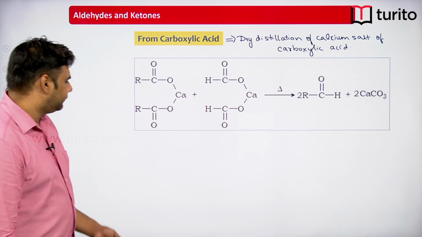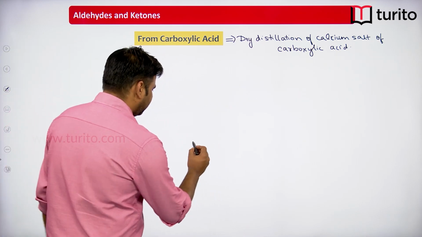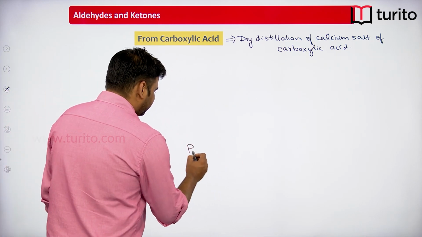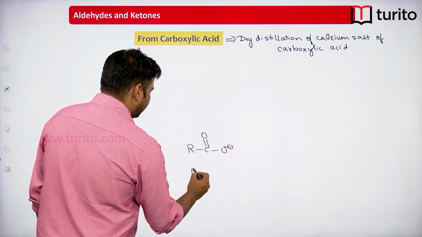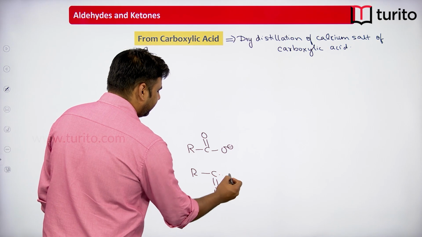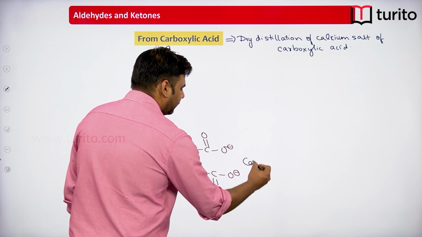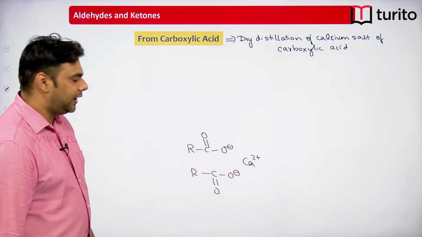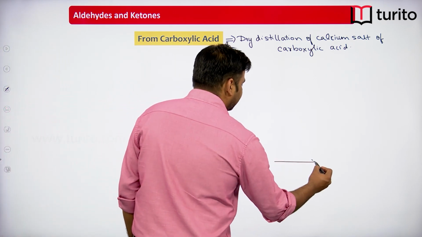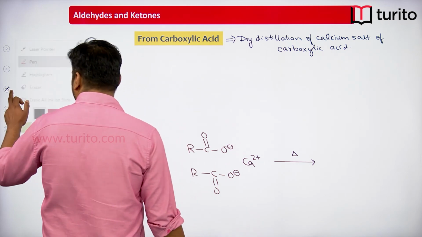So if you take any, let me first show you the reaction. Suppose you are having a carboxylate ion. Okay, so this is basically the calcium salt of carboxylate ion. So when you heat it, this is basically dry distillation.